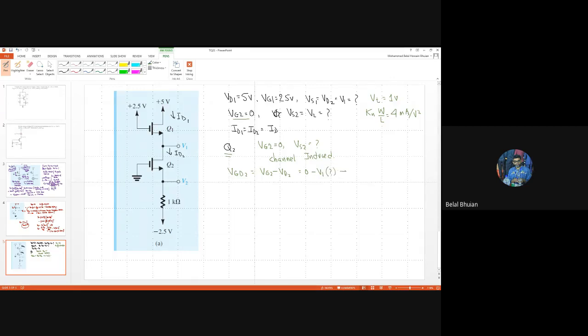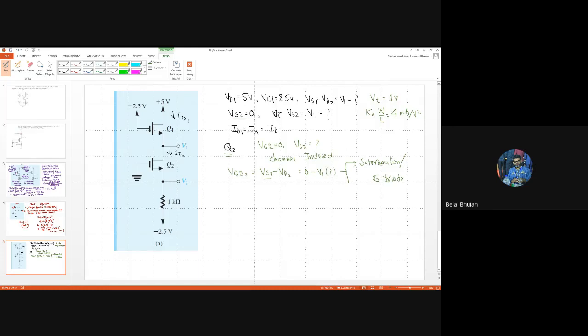So that means I don't know whether the MOSFET is operating in saturation region or triode. Since VG2 is known but VD2 is unknown, we cannot check whether VGD2 is bigger than VTN or less than VTN.